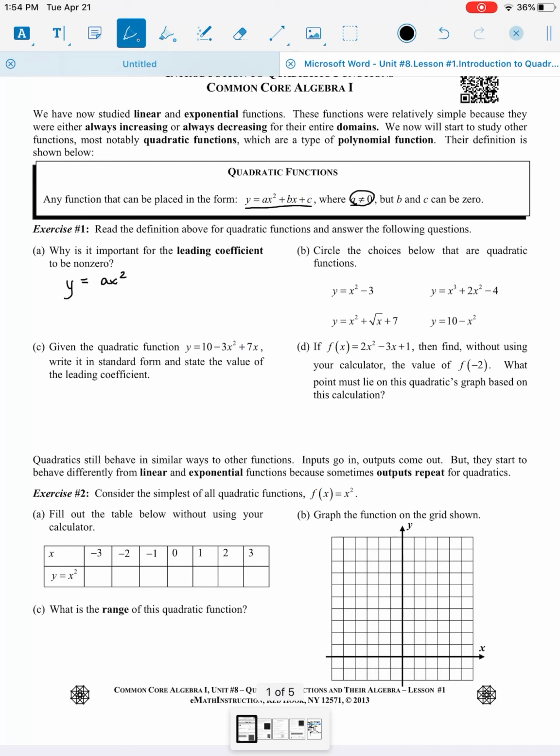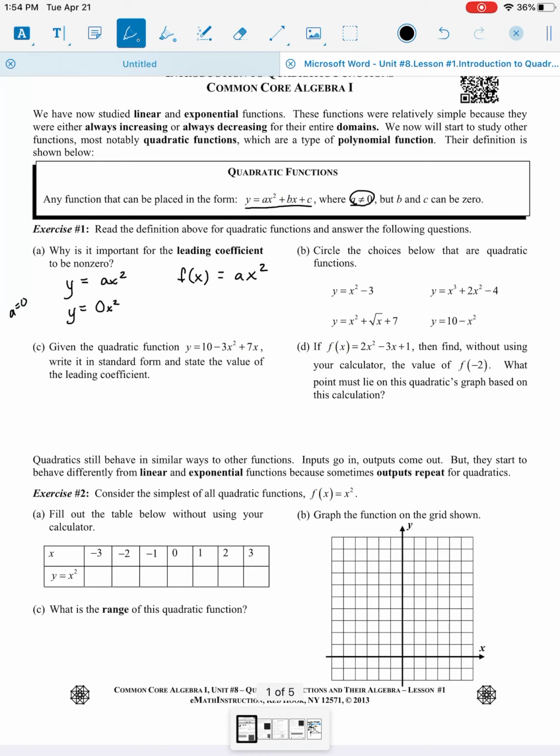Now, we could also write this as f of x in function notation as a of x squared. And I just want to show you that if a is 0 and we substitute 0 into our function, we now have y equals 0 times x squared.